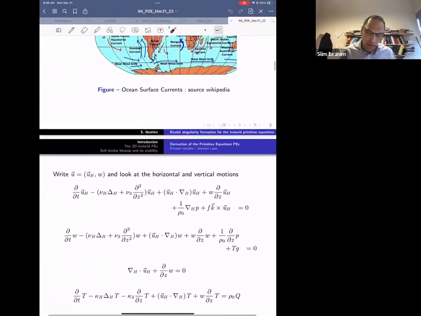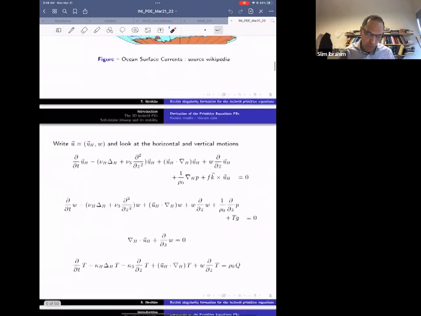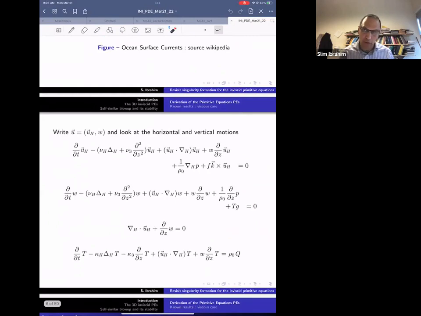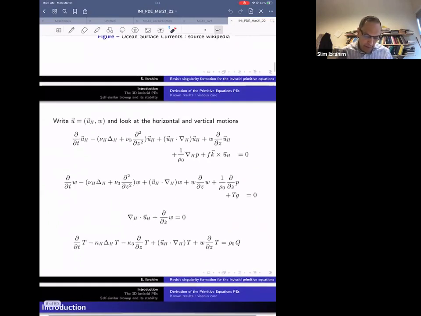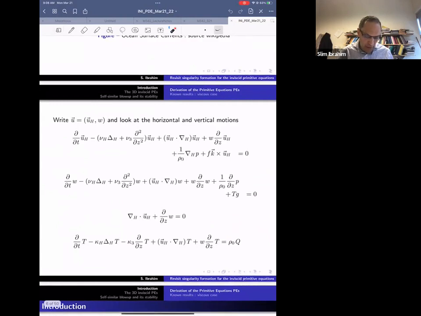So considering that, it makes sense to study the vertical and horizontal motion separately. What I have done here is nothing but rewriting the same Boussinesq equations, but here I split the horizontal motion and the vertical motion.